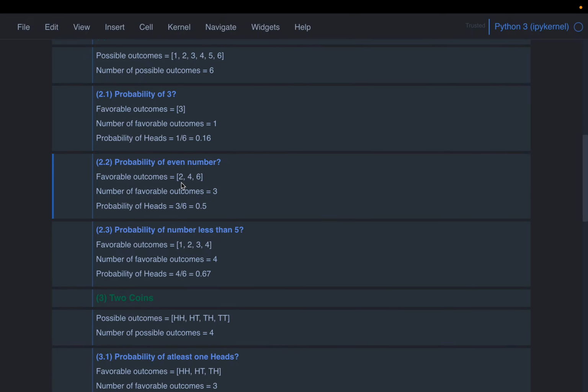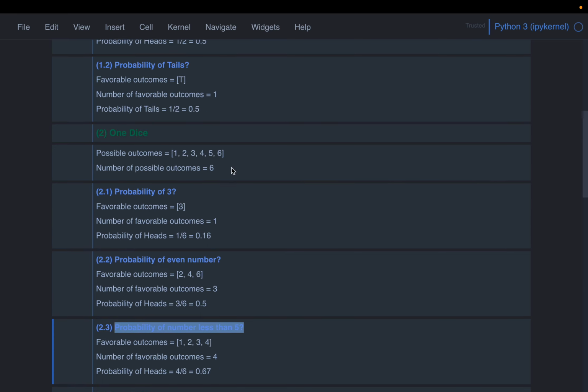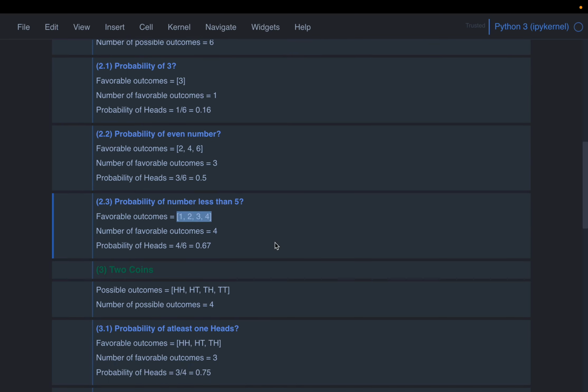Now you start to see these favorable outcomes. Now let's say we are asking, what is the probability of a number less than 5? Again, from our possible outcomes, which are these 6, which ones are less than 5? We have 1, 2, 3, 4, right? So here we have our favorable outcomes 1, 2, 3, and 4.